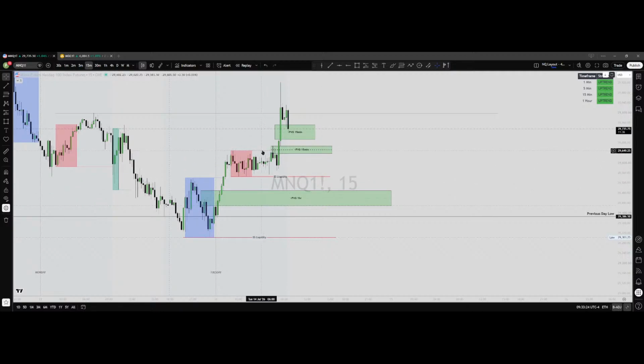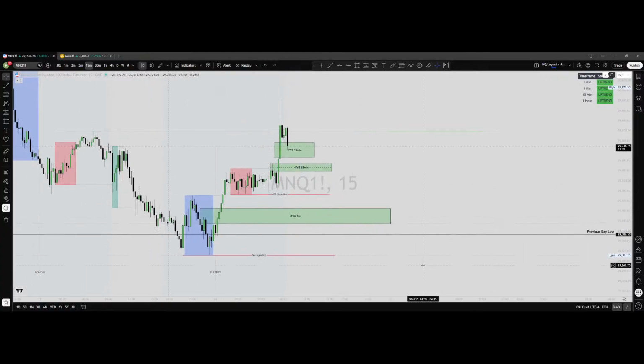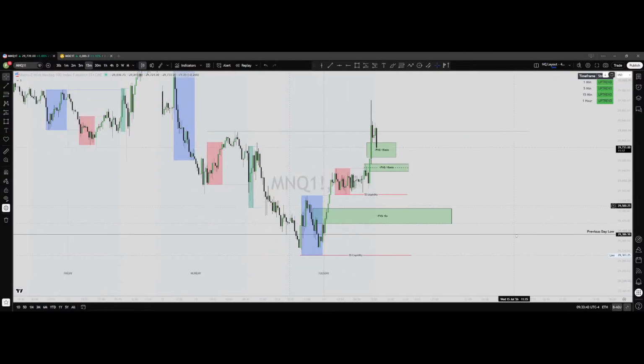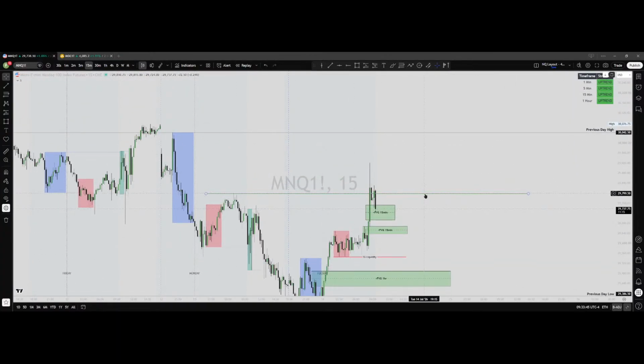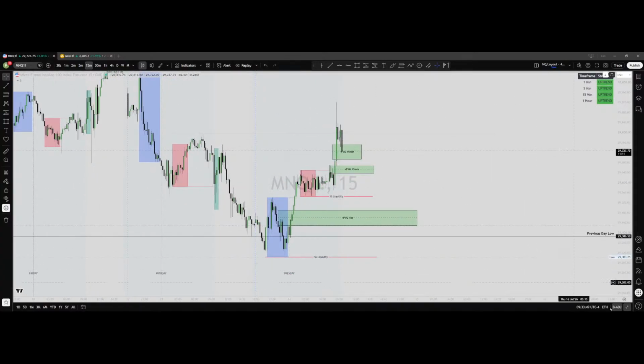Asia session, London session has been grabbed. Okay, let's know what are the other draws on liquidity. I guess these are the only draws on liquidity I can see as of right now. Nothing much.